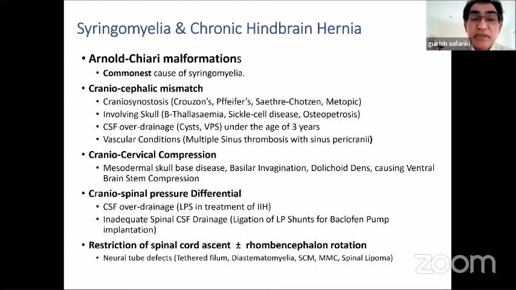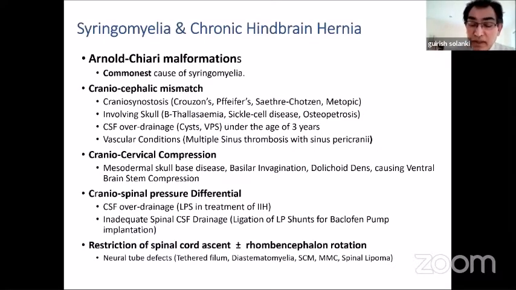There is craniocephalic mismatch, often caused by craniosynostosis, conditions involving the skull like beta thalassemia, sickle cell disease, osteopetrosis, overdrainage of CSF, for example, arachnoid cysts that have undergone cystoperitoneal shunts, even overdraining VP shunts under the age of 3 years, vascular conditions. So all of those can lead to syringomyelia.